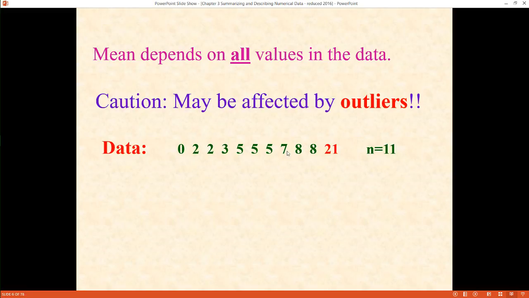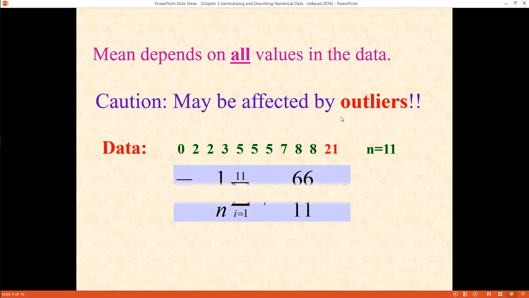The rest of the data is all the same, kind of clustered around that 5 somewhat, but I have this high value on the right side. Now what happens if we calculate the mean? Well, now it sums up to 66, divide by 11, we get a sample mean of 6. Okay, so that's higher than it was before. That's putting the center of the distribution here, which clearly is not the center of the distribution. Okay?